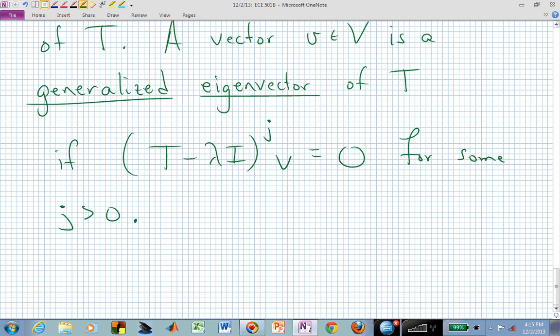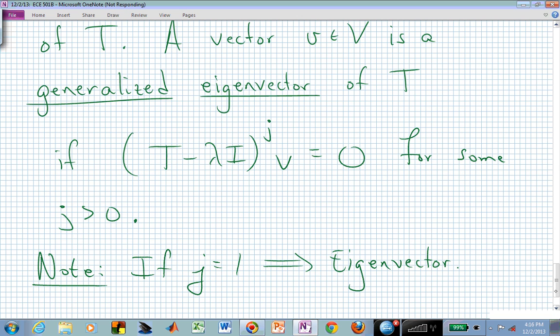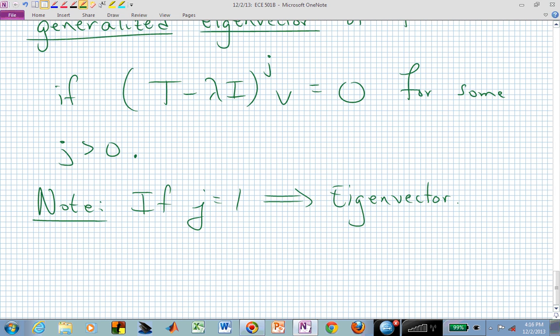I could give you a generalized eigenvector that's not necessarily an eigenvector. Note, if j is equal to 1, then we actually have not only a generalized eigenvector, but the original thing that we've been playing with, which is an eigenvector.